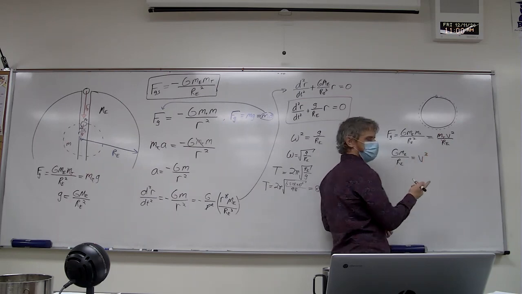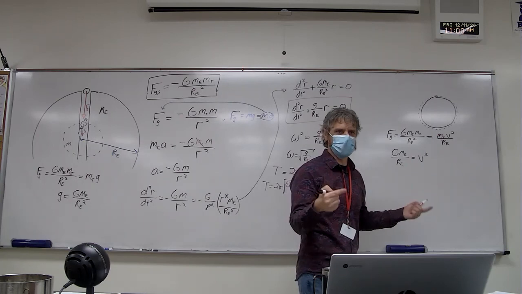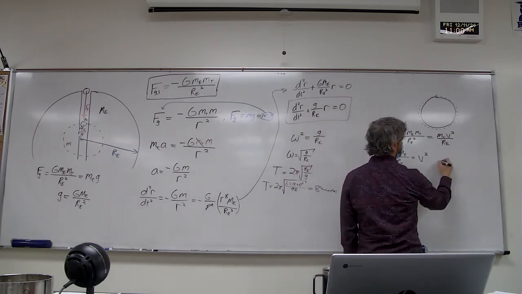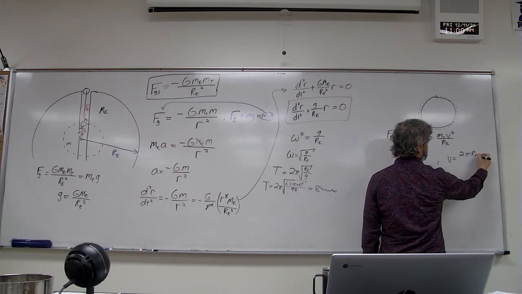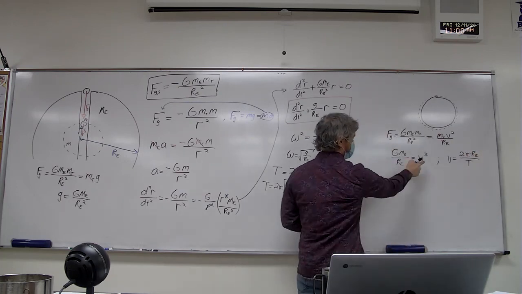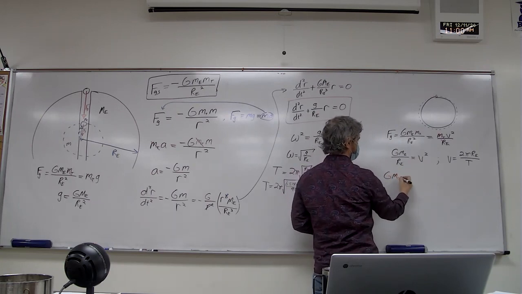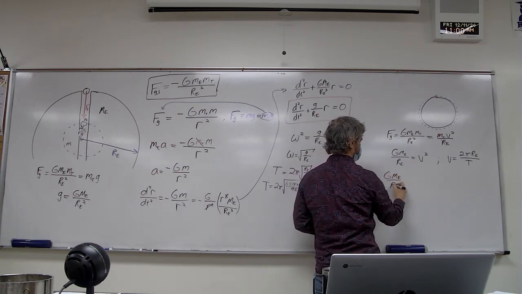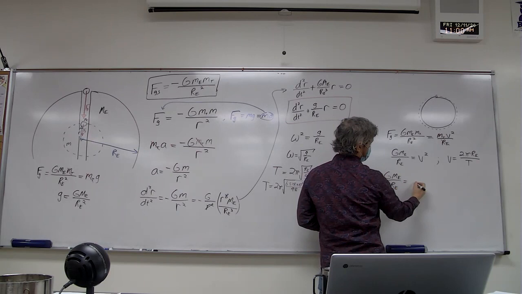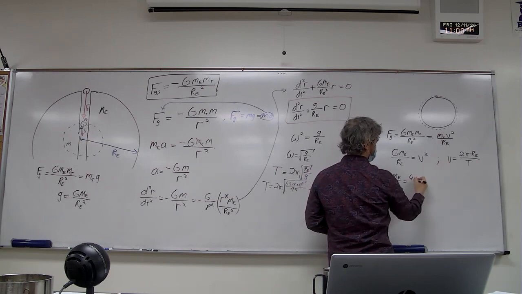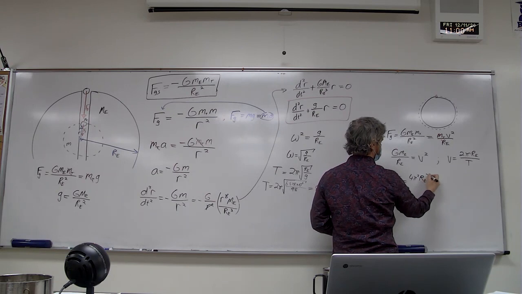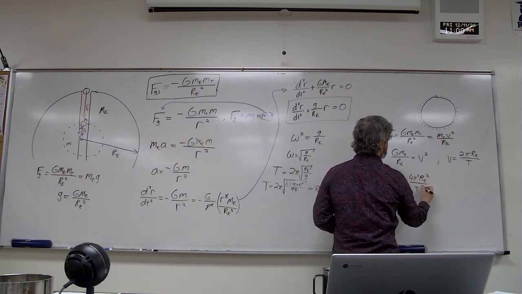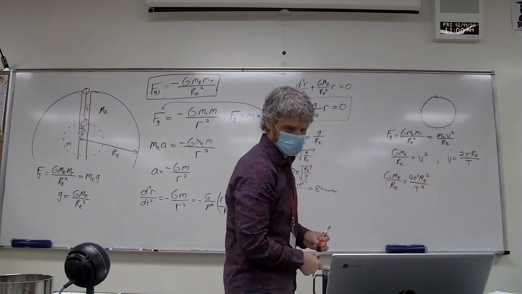We have an expression for speed: it's just 2 pi radius, in this case radius of the Earth, divided by the period. So I'm going to plug that in: big G, mass of the Earth, over radius of the Earth equals, and that gets squared, so 4 pi squared radius of the Earth squared over the period squared, right?